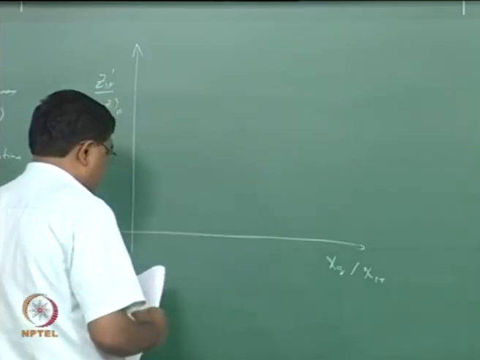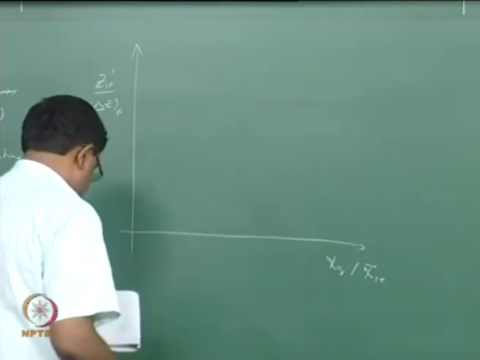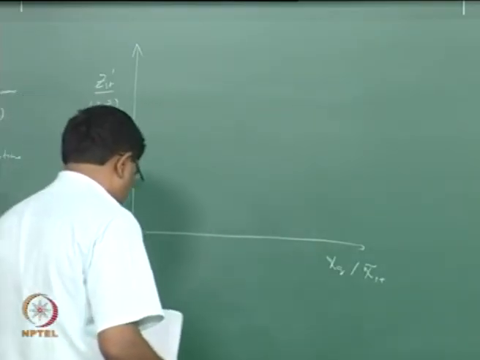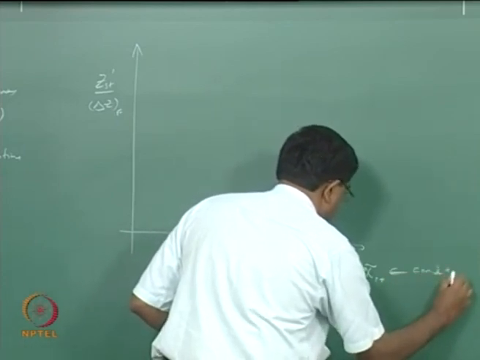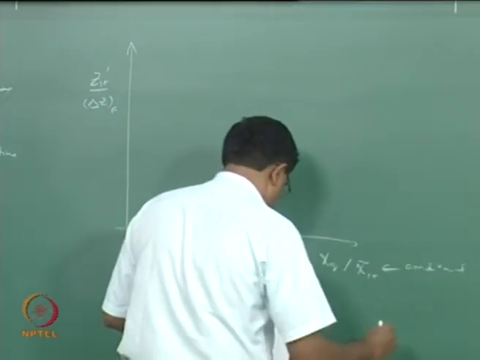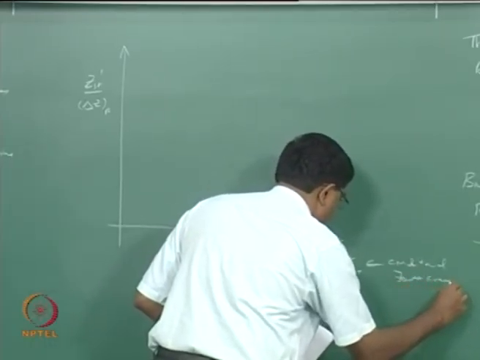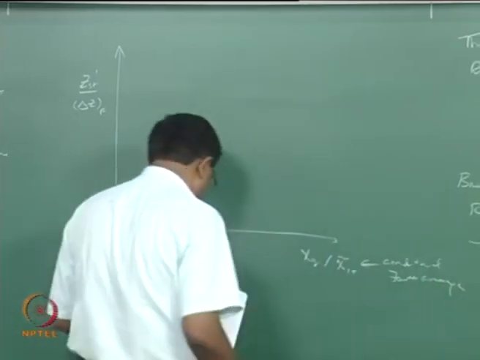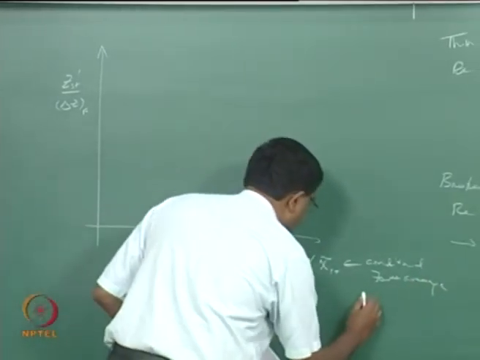Now, strictly speaking, we have to actually average this, to indicate a forward average. In fact, this is what's called a conditional forward average scalar dissipation rate.